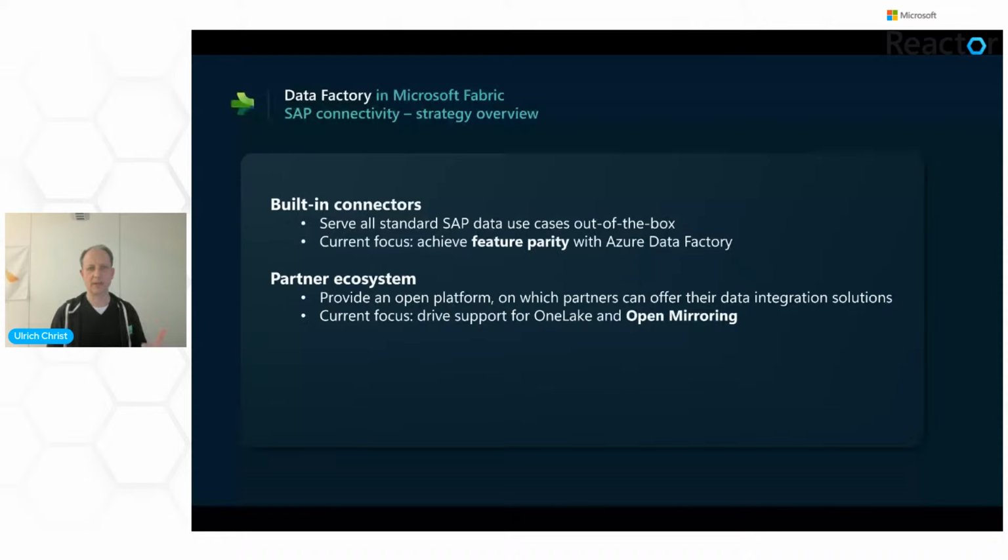We're working with partners, opening up the platform to enable partners to offer their data integration solutions as well. The main focus for the moment is to make sure that we have a lot of partners who support OneLake, and that we also offer mirroring capabilities based on these partner workloads in terms of open mirroring, and we'll come to that later.